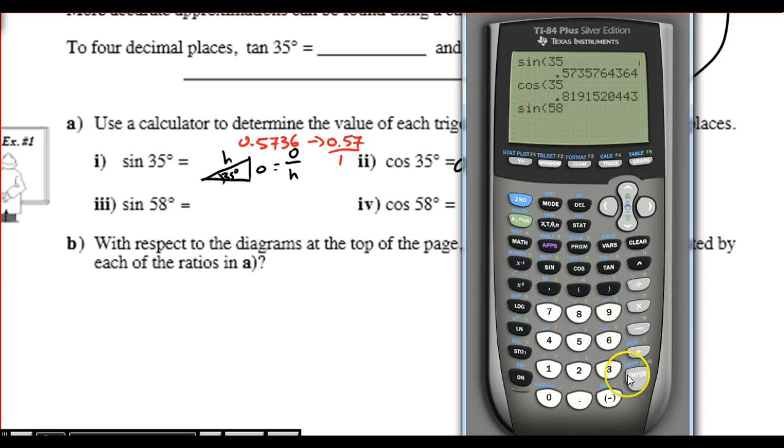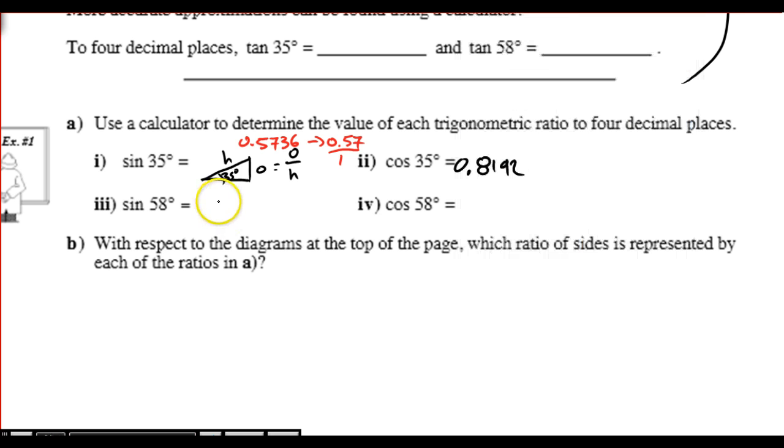Sine 58 is 0.8480. Again, the math is not very hard. The point is you have to understand what it is that you're getting. What do these numbers mean? And again, this is the most important thing: that is a ratio of, in this case, the opposite over the hypotenuse. In this case it would be the adjacent over the hypotenuse, and so on.